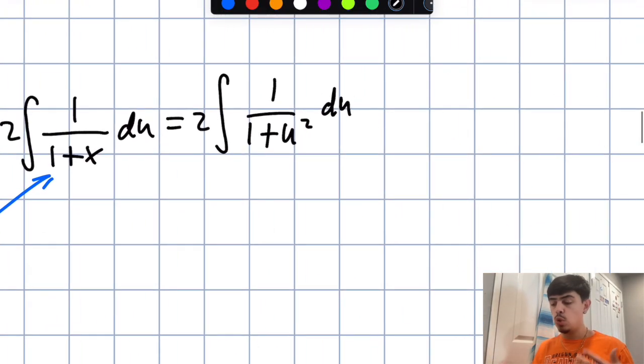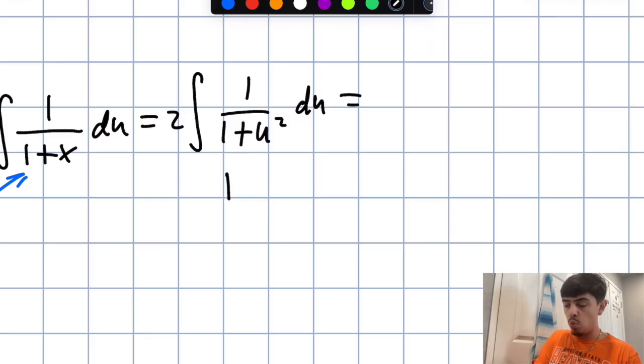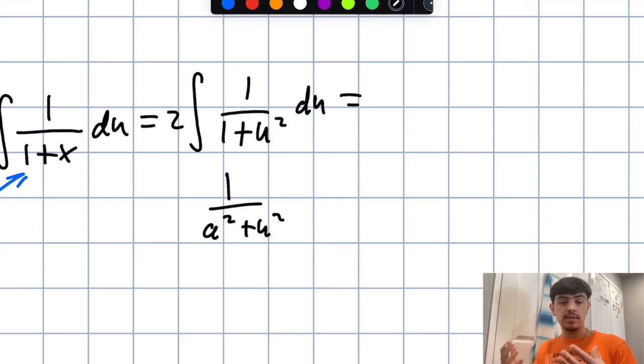And boom, we're done. This is in the form of a table integral. If you have a table of integrals, you can see the form of 1 over a squared plus u squared, a being a constant. Our constant is 1, and we can just write 1 squared, same thing, 1 squared is just 1.